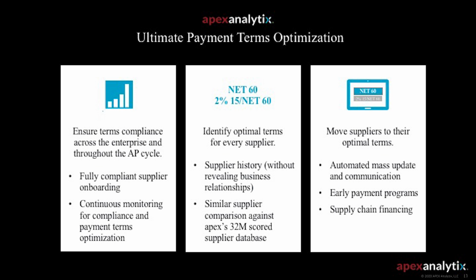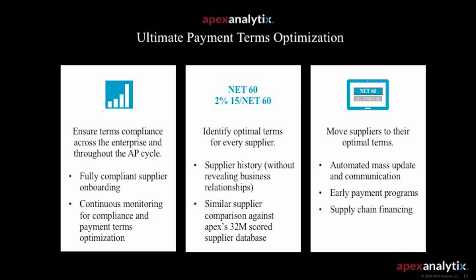And without revealing any specific business relationships, we have predictive analytics based on supplier behavior and the behavior of similar suppliers in the same region and industry of every individual supplier that predicts which payment terms every supplier is likely to accept and to what level. So we can make a recommendation about whether a specific supplier would be willing to take 60 days or 75-day terms or 30-day terms based on what we know about that supplier.